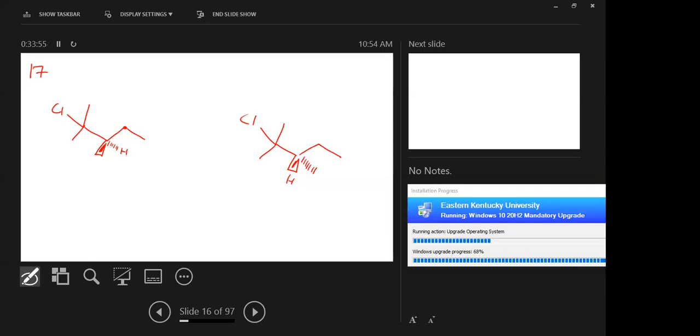For some reason, my pen has stopped working. Here we go. So 1, 2, 3, 4, 5. And here's your stereo center right here. And likewise, the other stereo center will be right here.